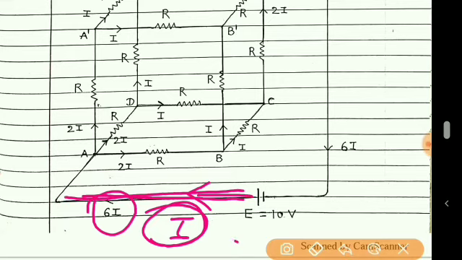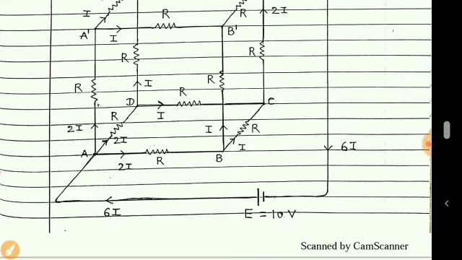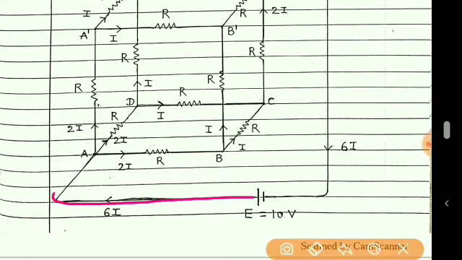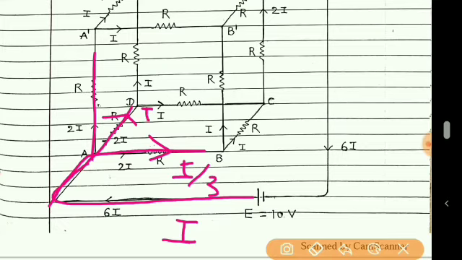So we can take it I or 2I or 3I or 4I, but here I have taken it as 6I. Why? It is because when this current is moving along this path, if I had taken that current as I, then when this current divides in these branches, I would have to write here this current as I by 3, even this as I by 3, and even here also I by 3.